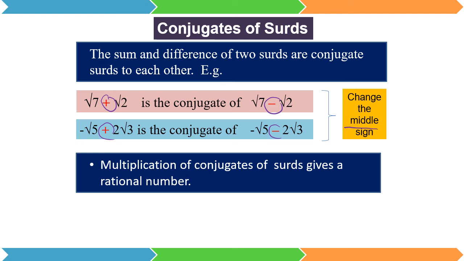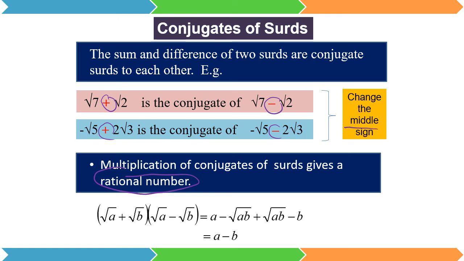Okay, multiplication of a surd by its conjugate gives you a rational number. So what will we have after we multiply the surd expression with its conjugate? We will have a rational number where there is no surd left. So let's say this is the example: surd A plus surd B multiplied with its conjugate, which is surd A minus surd B. So we expand everything.